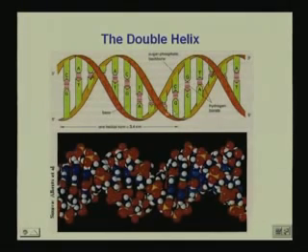Now, when we look at this double helical structure, we see that there is a large gap here, alternating, right? Because of the orientation or the way the structure is, we have these grooves. This is what is called the major groove, okay? And this is called the minor groove.